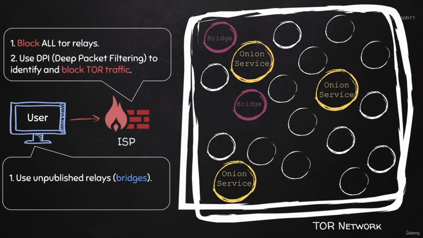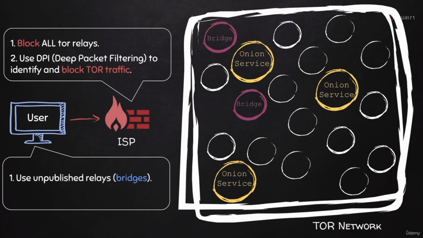So like I said before, when you use Tor, they can't really see which websites you're trying to go to, but they'll be able to see that you're trying to use the Tor network, either by identifying the node that you're trying to connect to, or by using deep packet filtering, which will tell them that the traffic of this user matches a signature of Tor traffic. Therefore, this user is using Tor, therefore we will block this traffic.